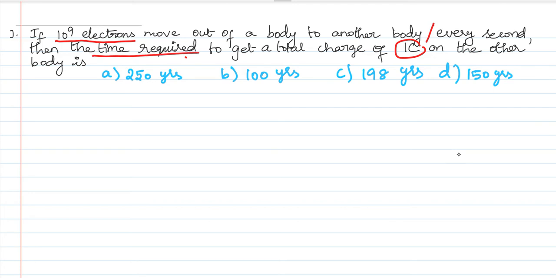The time required. This is the requirement for us. We are provided with the options. Option A, 250 years. Option B, 100 years. Option C, 198 years. And option D, 150 years. So let us see how to crack the question.